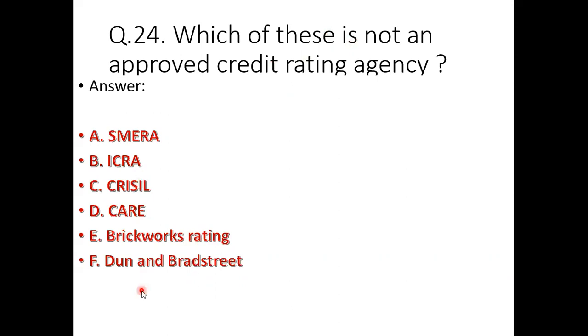In India, Dun & Bradstreet is not approved as a rating agency, but it is approved as a credit information service. So the odd man out you have to find out. The odd man out is DNB.